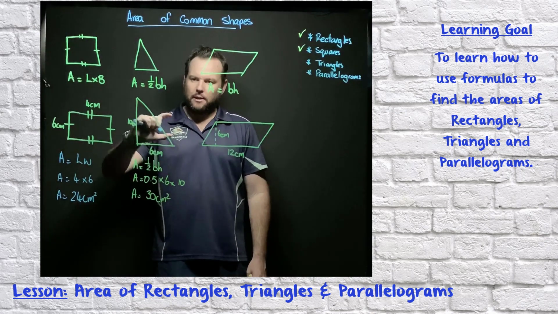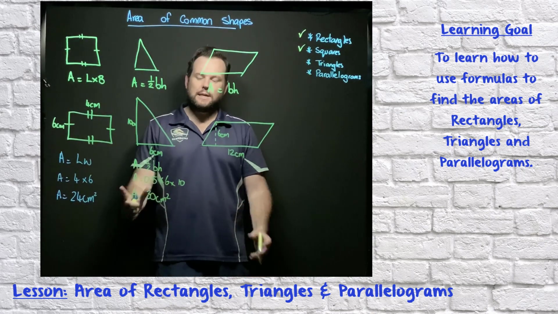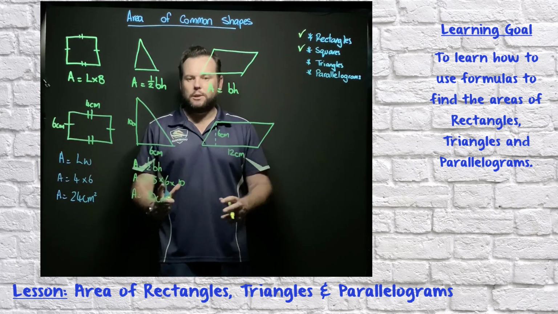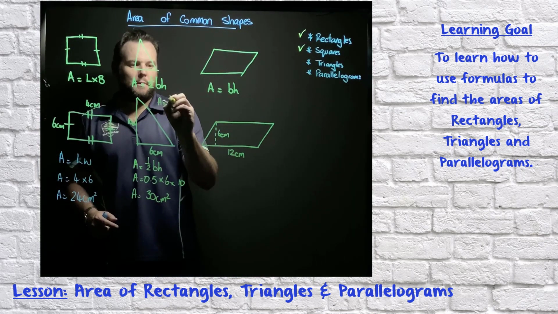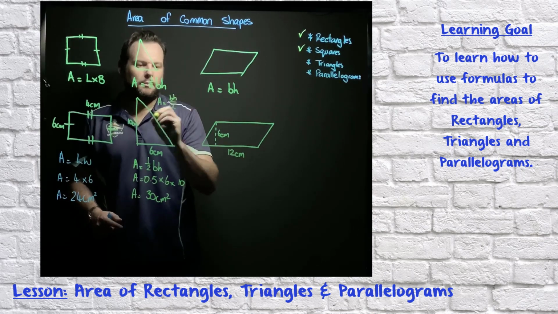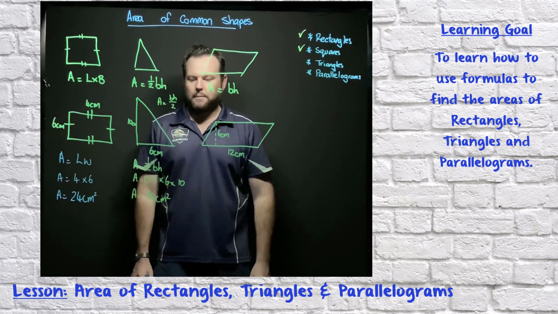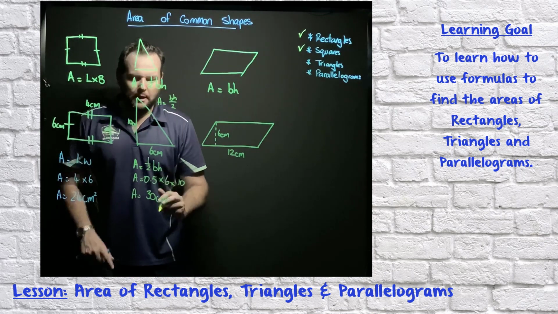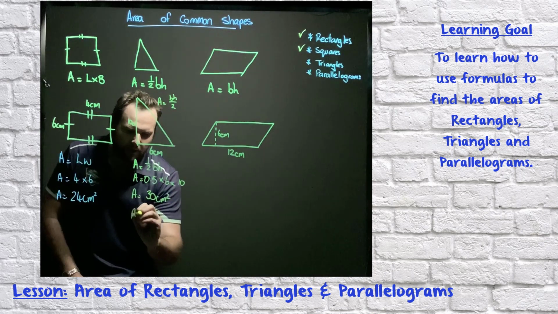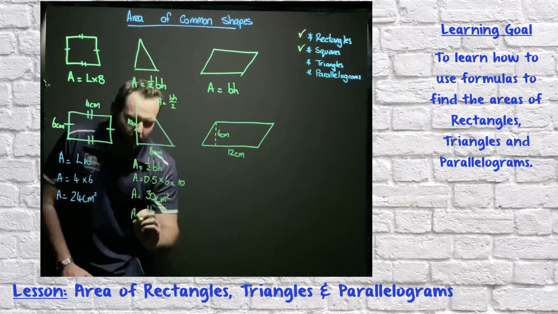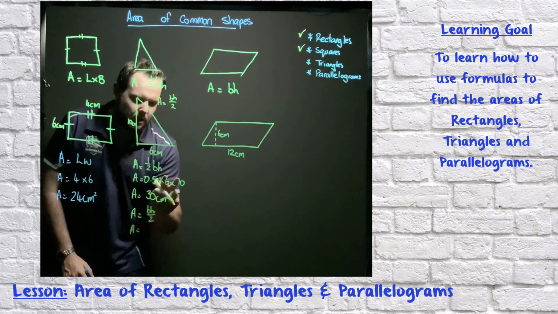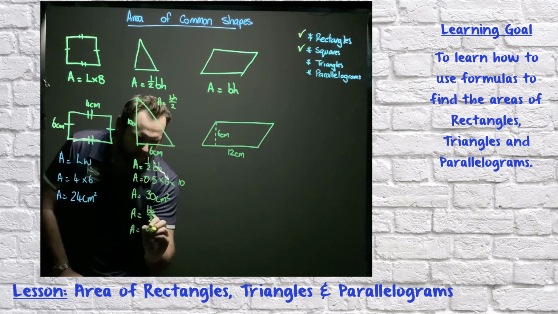Now, you're probably a little bit confused about this half. Okay, so there is another formula that you can use which is exactly the same, but it's just a little bit different. I'm going to show you what it is. It's area equals base times height divided by 2. So we would write area equals base times height divided by 2, and we would do 6 times 10 divided by 2.